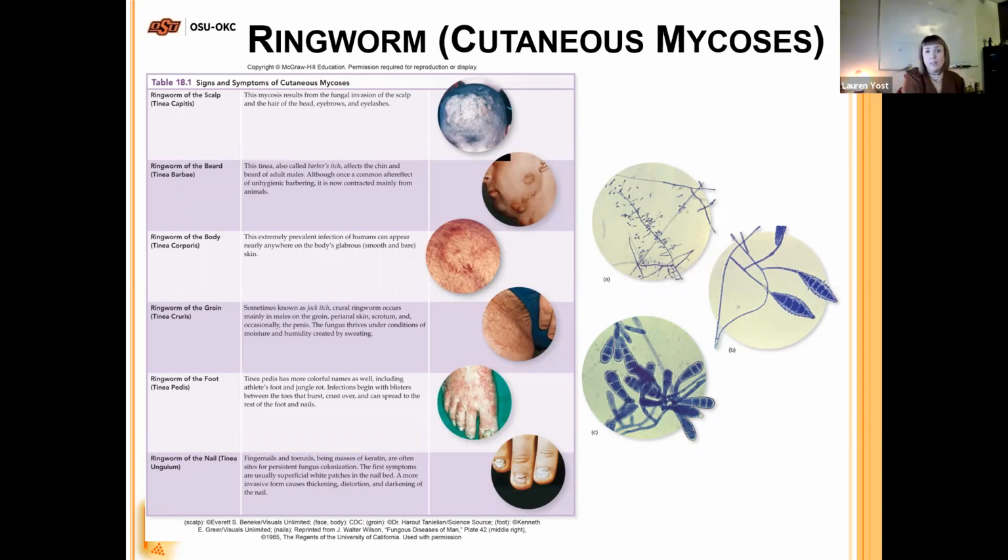So if dermatophytes infect you in the beard area, that ringworm situation is officially, scientifically called Tinea barbae. That's ringworm of the beard. The organisms that are causing it are not called Tinea something, just the diseases. Anyways, you can go through these if you're interested.